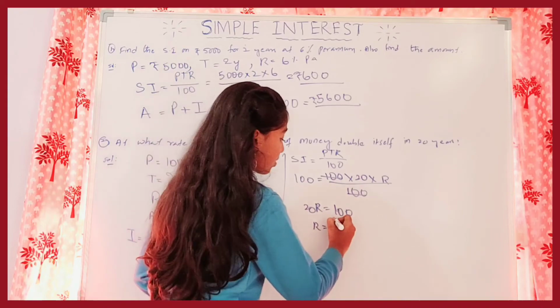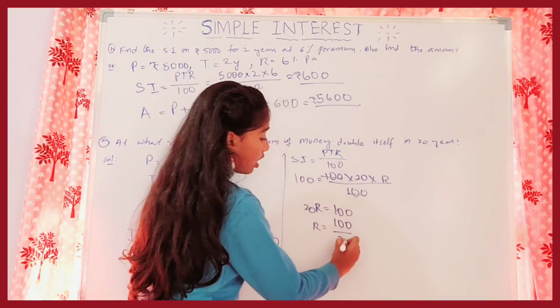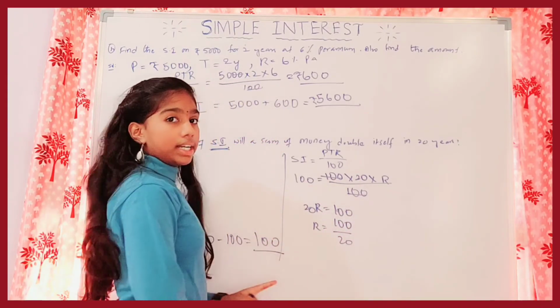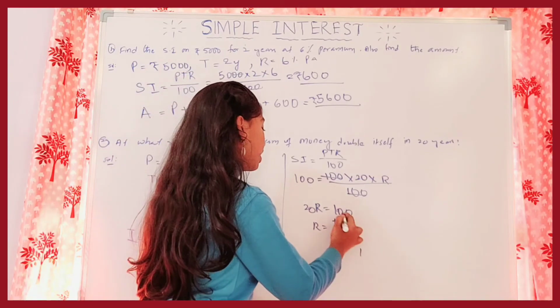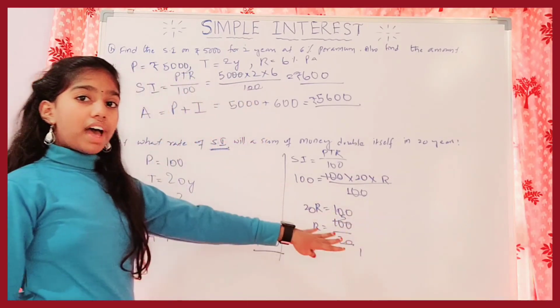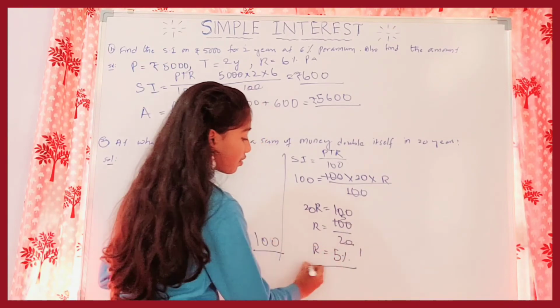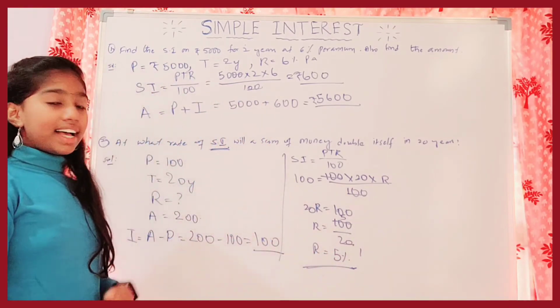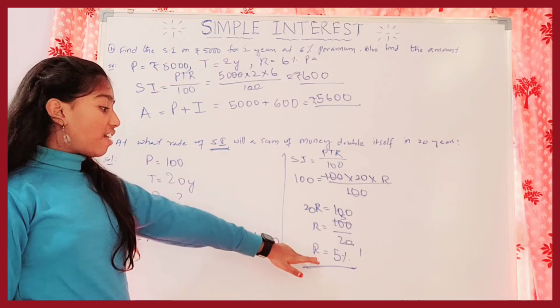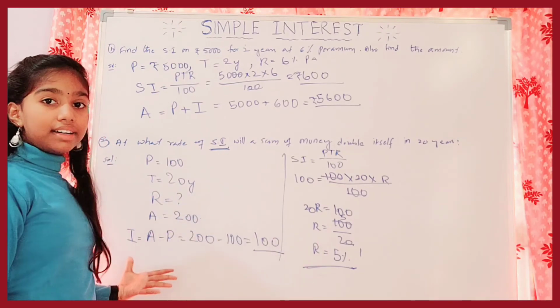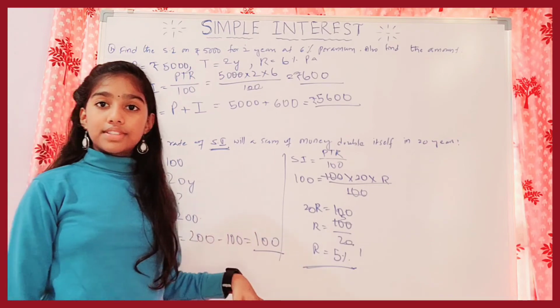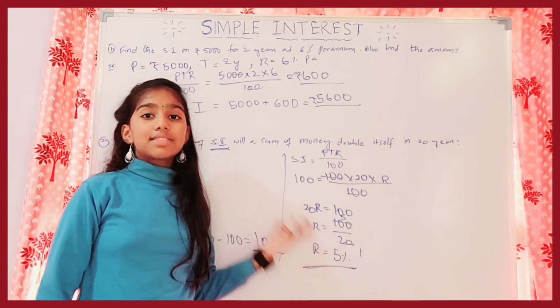That is R is equal to 100 by 20. 20 fives are 100. So the rate is equal to 5%. Yes, we got the rate, that is 5%, and we got the simple interest also, that is 100 rupees. So at last we got the rate.